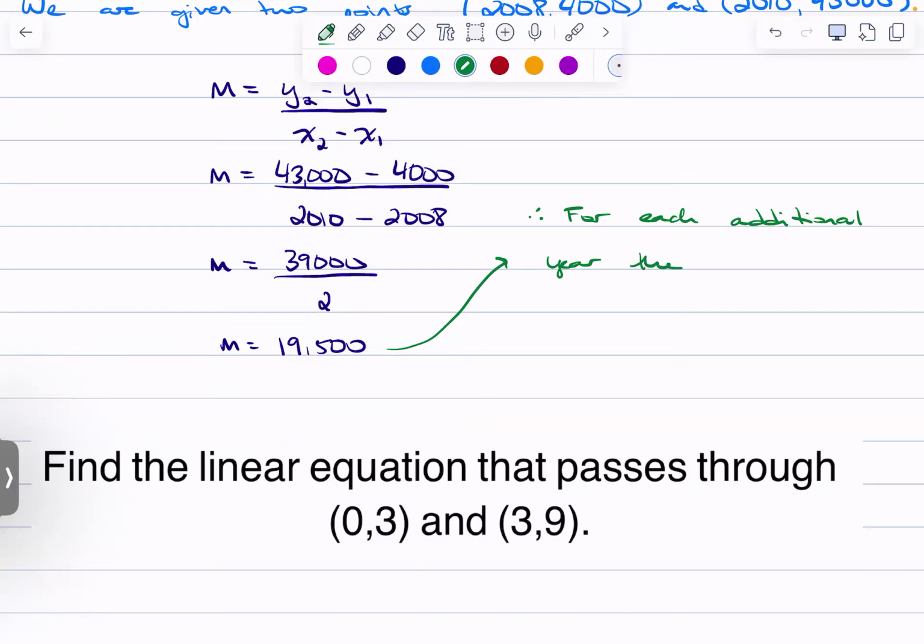So the number of students will increase by 19,500.